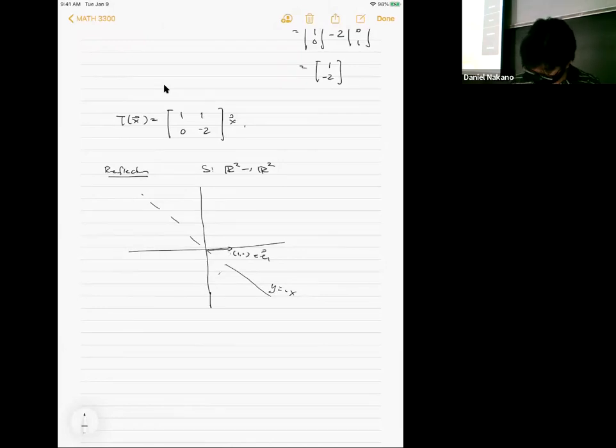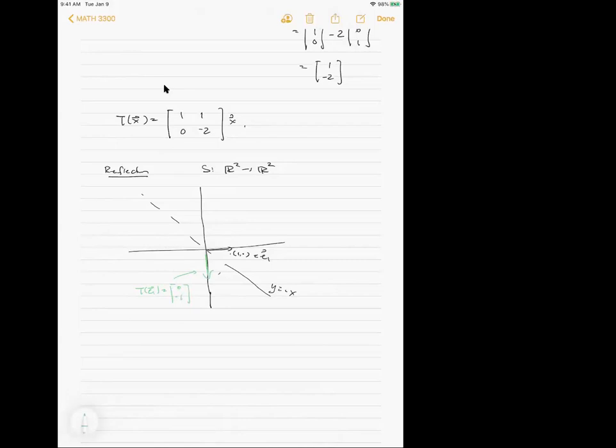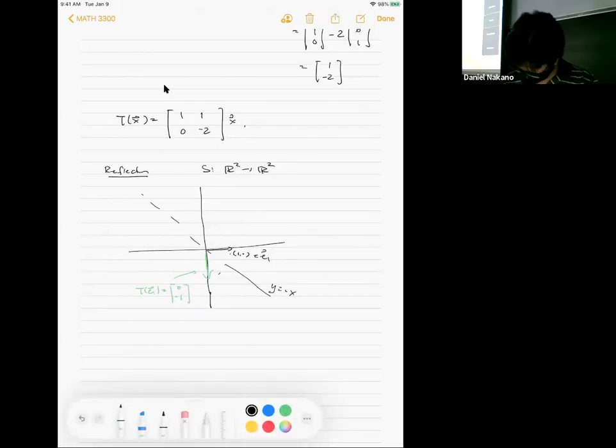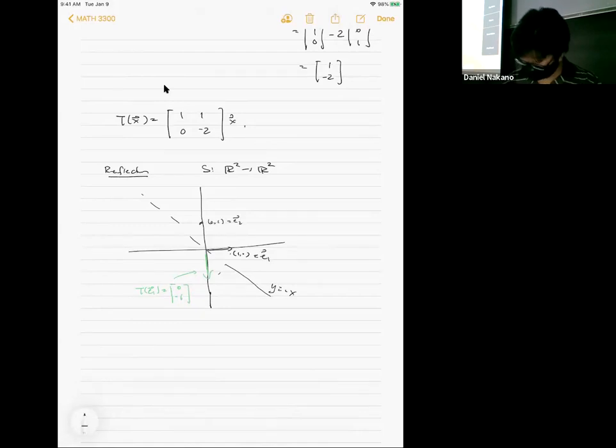Well, it gets reflected and it goes to this vector over here. This vector here is S of e1, and that's the vector (0, -1). Is that okay? Yeah. All right. And then now you have to look at this vector up here. This is e2, and this vector is going to go to this one over here.